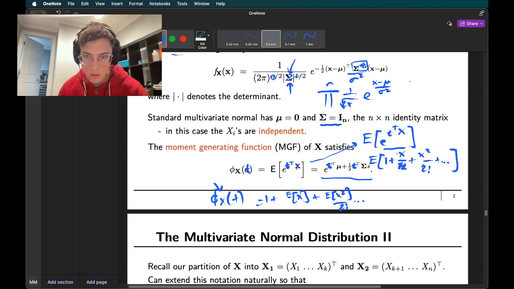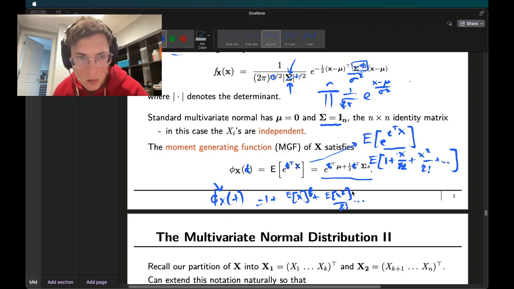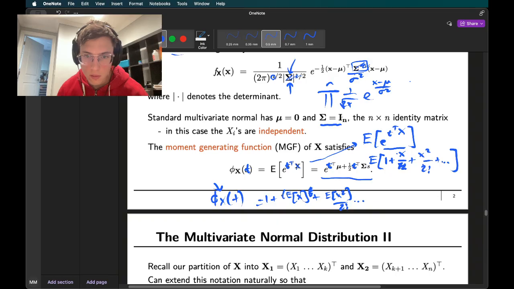This should also be expectation of x times t, and then there's a t squared here, and so on, because there's a t in the original one.